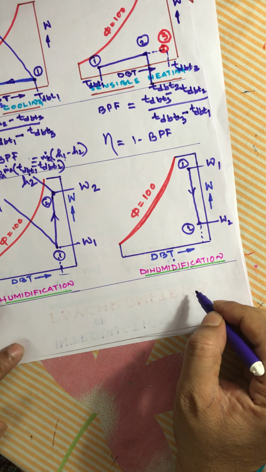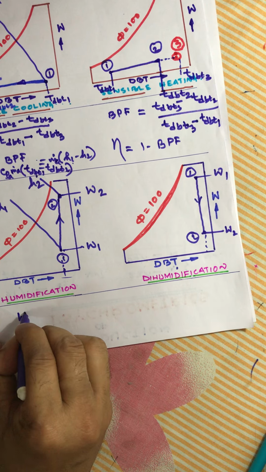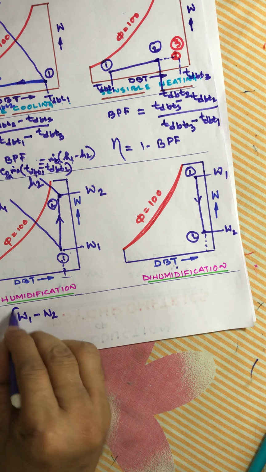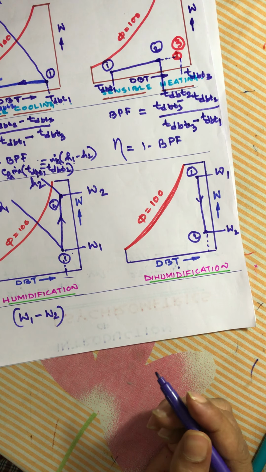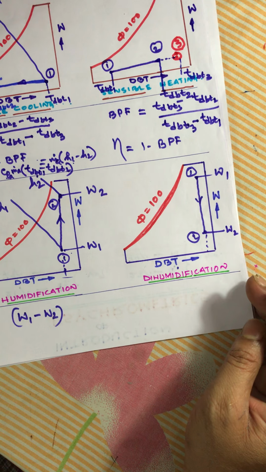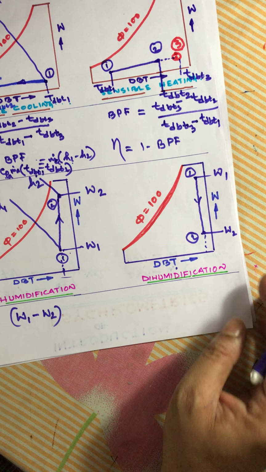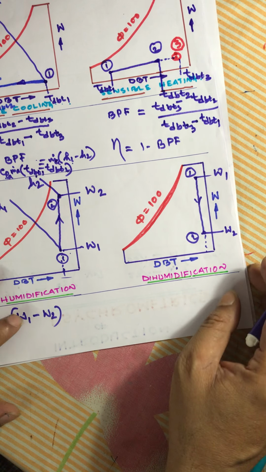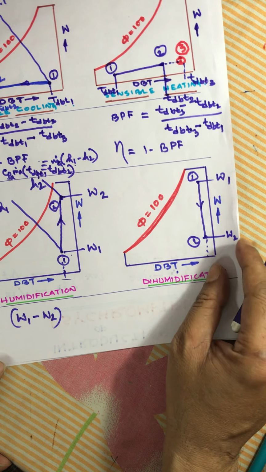So, how much dehumidification is happening? For that case, W1 minus W2, clear. So, how much energy we have to invest or we have to subtract from the system? Easily we can calculate with the help of H, clear. So, this is the humidification and dehumidification process.